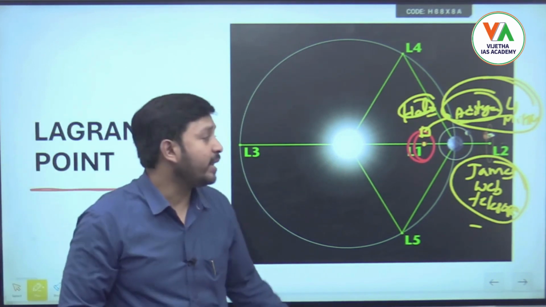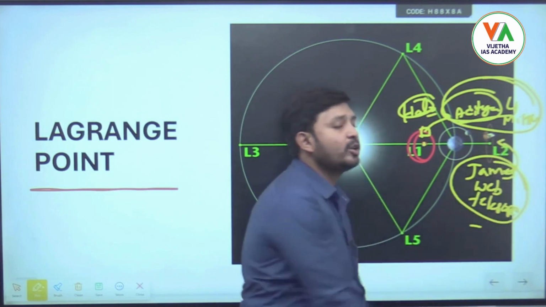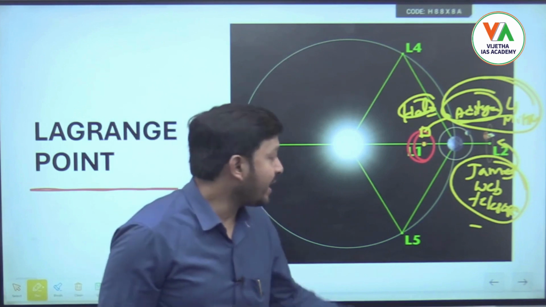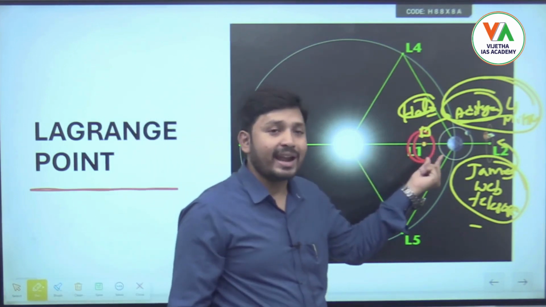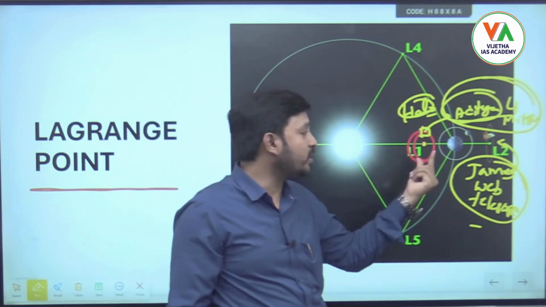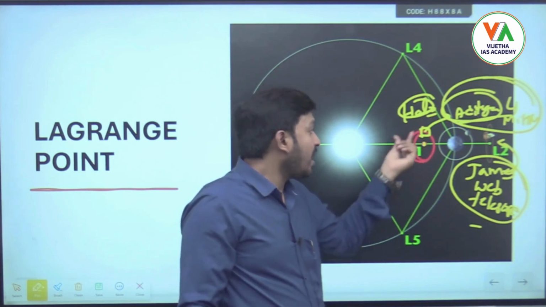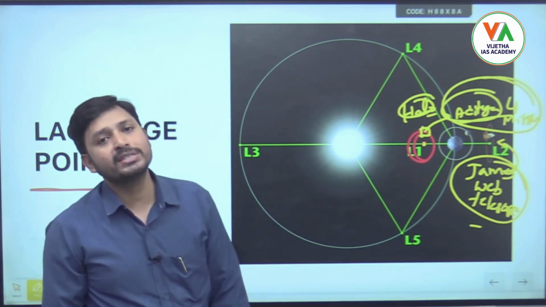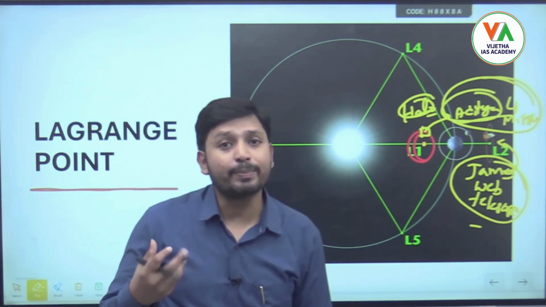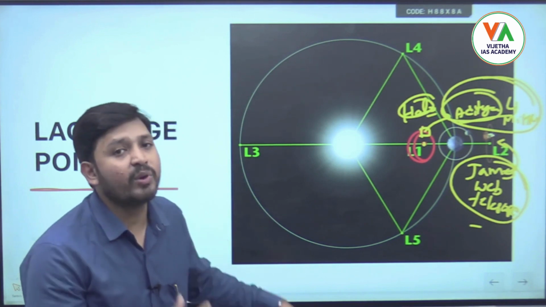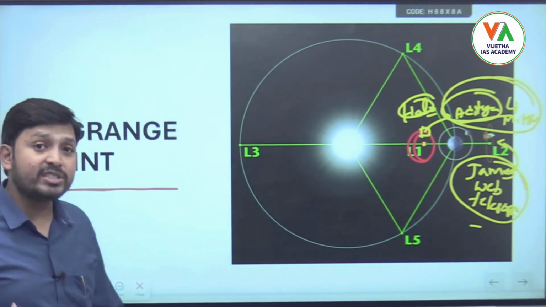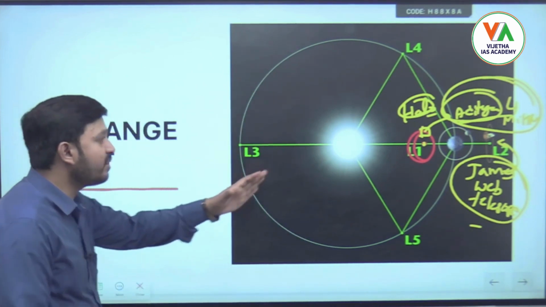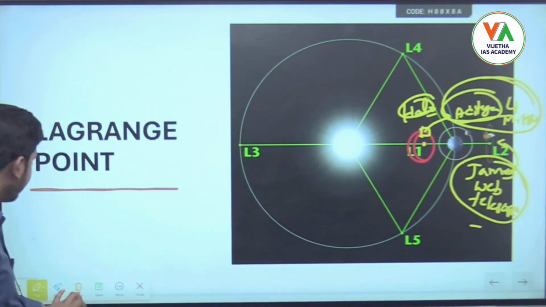This James Webb telescope has been placed in the L2 point, and the Aditya satellite has been placed in the L1 point, so that from this halo orbit the Aditya mission will have a continuous look towards the sun. What is the purpose of this Aditya mission? We'll see the purpose, and then we'll see through which launch vehicle it was launched. So you have seen where it is placed, and now we'll see the purpose.